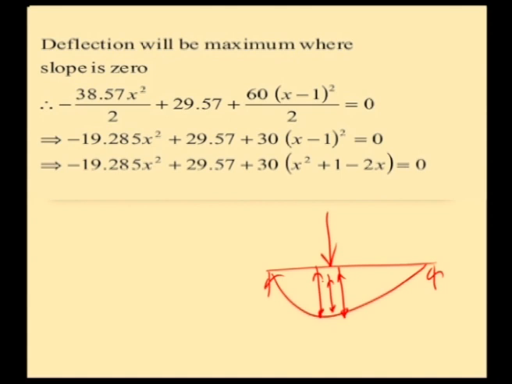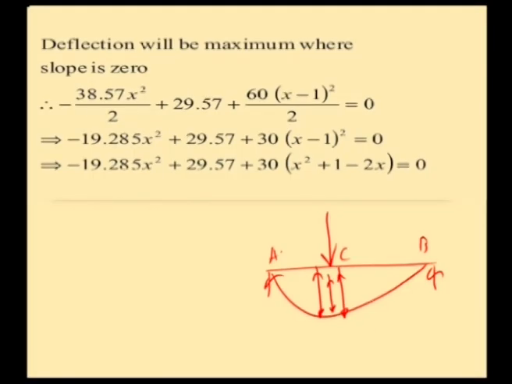So, here comes the guessing of the probable point of maximum deflection. First, we need to assume that maximum deflection occurs in portion CB or in portion AC. Accordingly, we need to equate the slope equation to 0. So, if we assume that the maximum deflection occurs anywhere in portion AC, then we need to equate the slope equation up to the dotted line to 0.